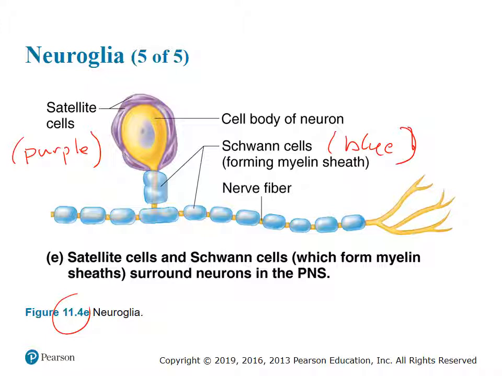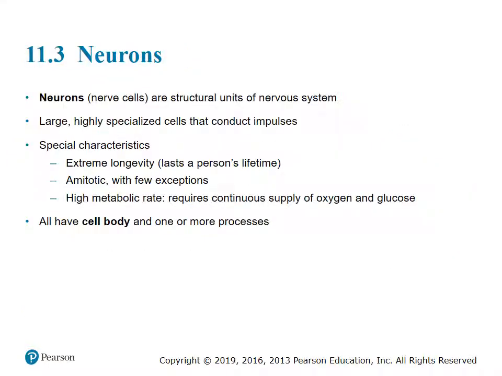Notice they do not surround the cell body, and they do not surround the synapses. That's the very edge, or the end of the neuron. Only the axon. Okay, so those are the neuroglia.